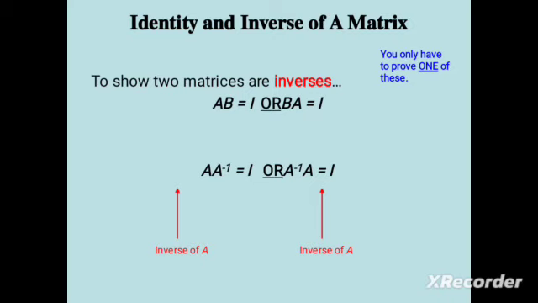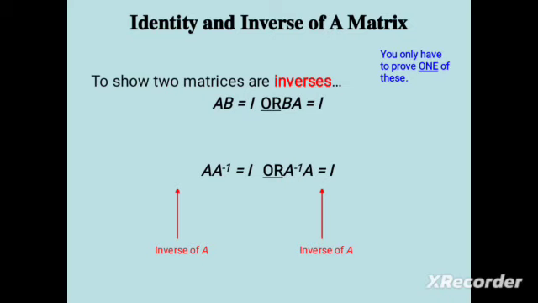On the other part, BA, you are alternating. B is the inverse matrix of A, so when you multiply that, you get the identity matrix.